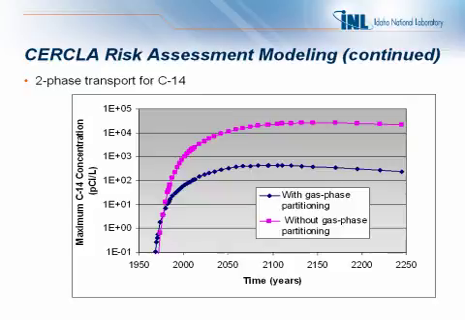So you're looking at the difference in concentration here with gas phase partitioning and without, one of the sensitivity cases we ran. And you can see it's a huge difference, and so suddenly carbon-14 now is not a big dose driver. As in our initial PA in 94, it was the biggest dose driver.